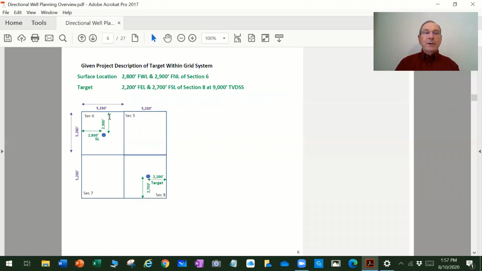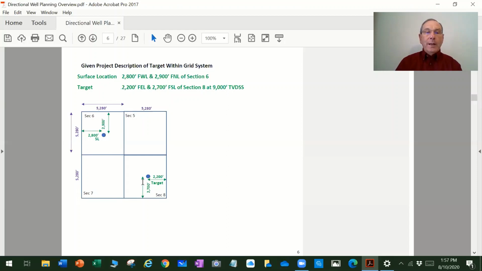Each section is 640 acres of land, and the size would be 5,280 feet. I chose a surface location in section 6 that was 2,900 feet from the north line and 2,800 feet from the west line.